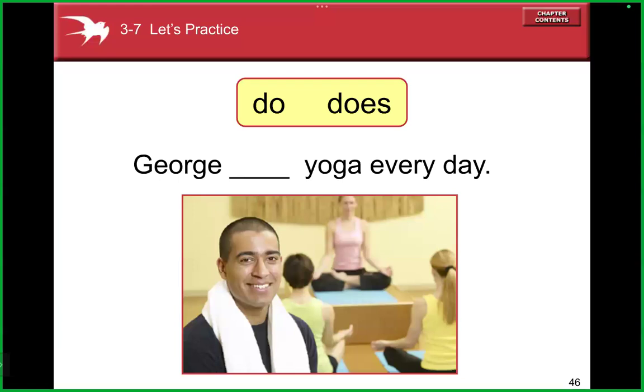Melissa Ruiz, could you please complete this sentence? You have two options to complete this exercise. Melissa, are you there?